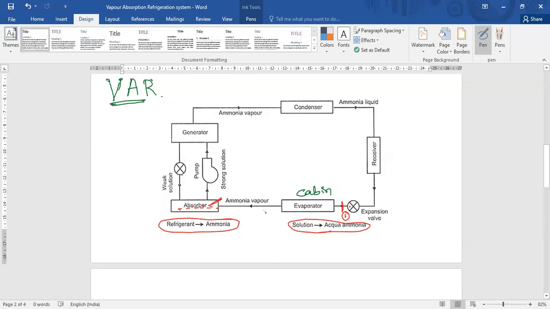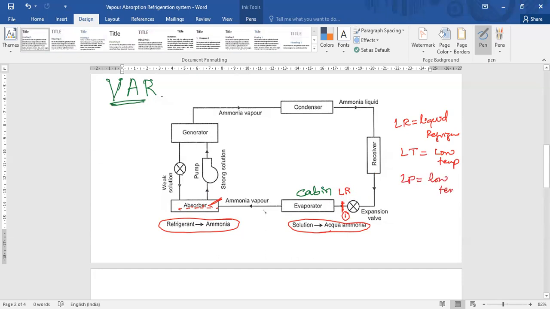Don't worry about that. The first point is the evaporator. At the inlet to the evaporator, the condition of the refrigerant is liquid state, so I will call it LR, liquid refrigerant. This is the phase, and it is at low temperature, LT, as well as low pressure.